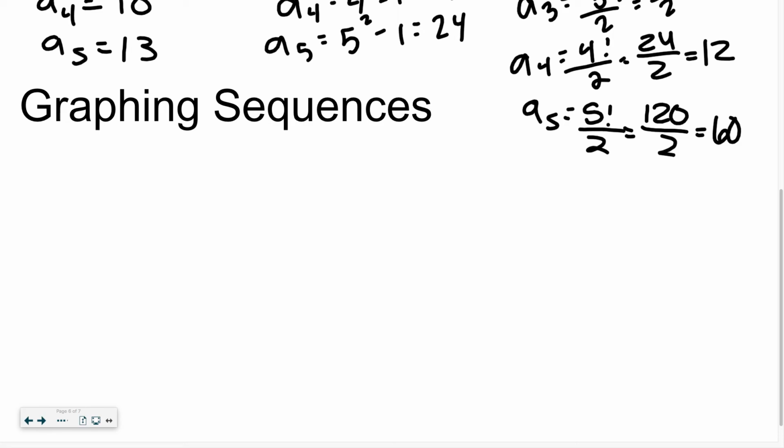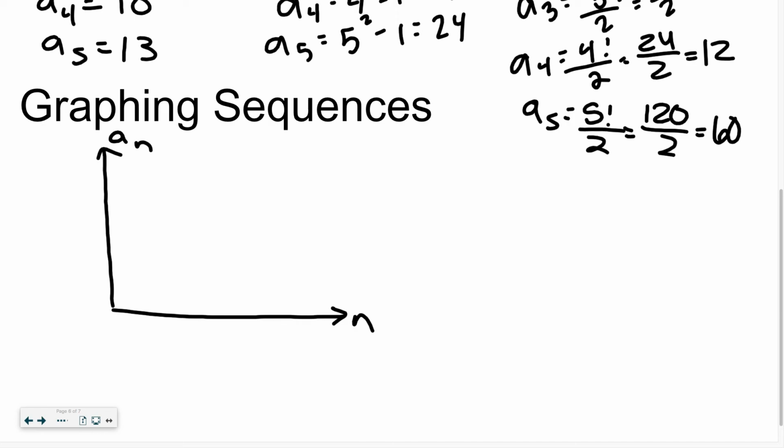Okay, so the one thing I want to point out about graphing sequences is it's just kind of like graphing a function, right? You have an x and a y, but in graphing a sequence, you have an n and an a sub n. Now notice what I drew for my graph here for my sequence.